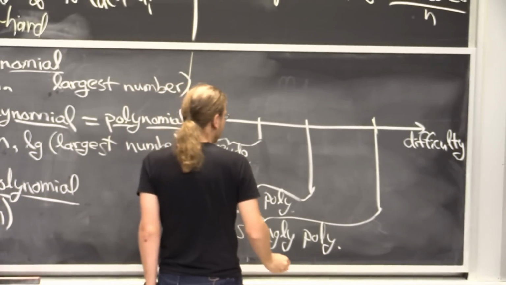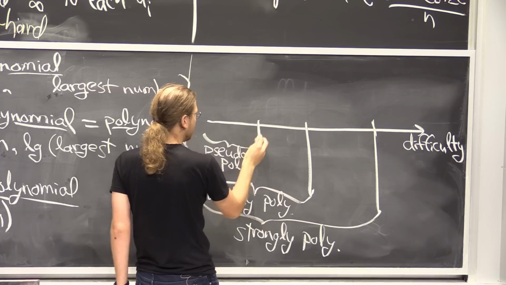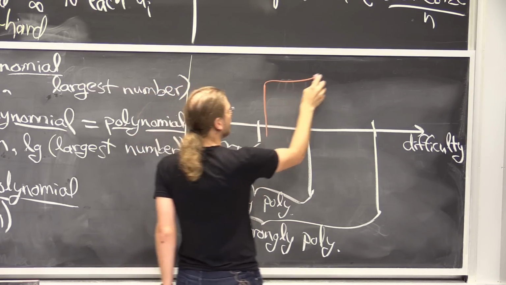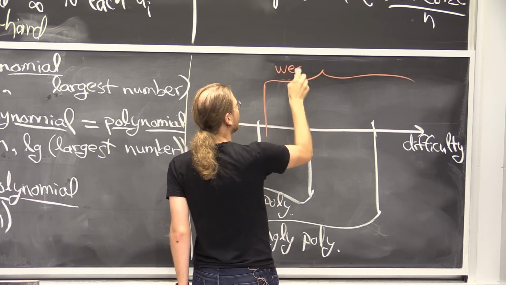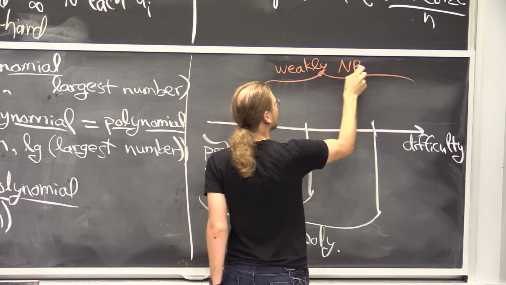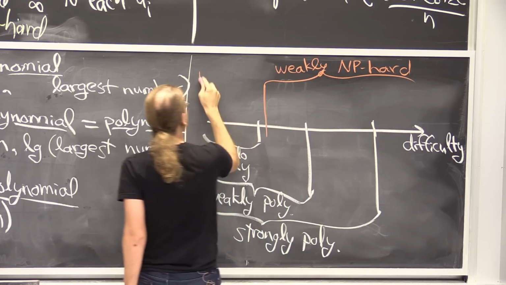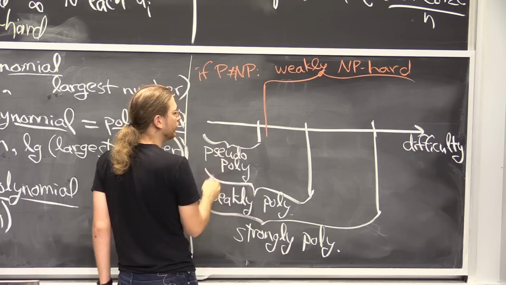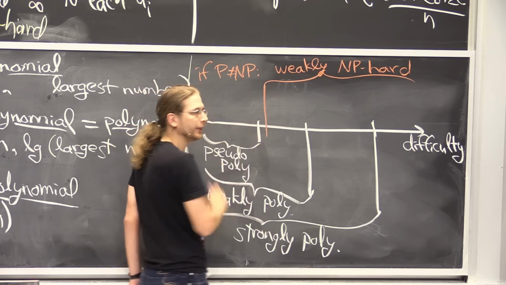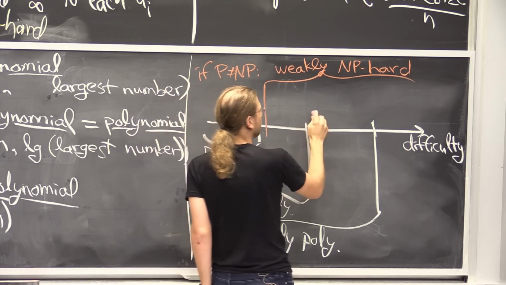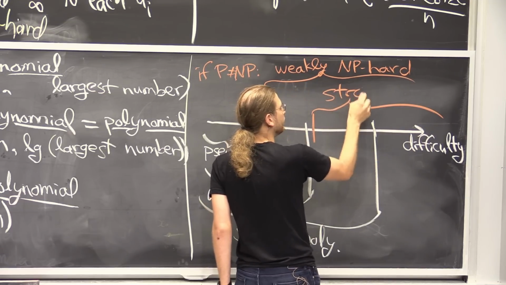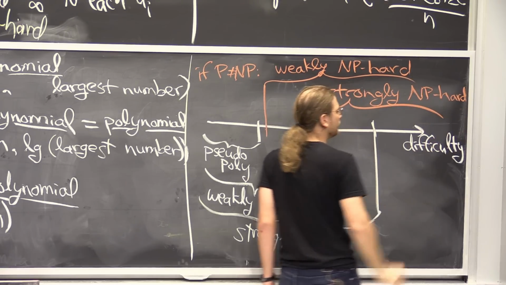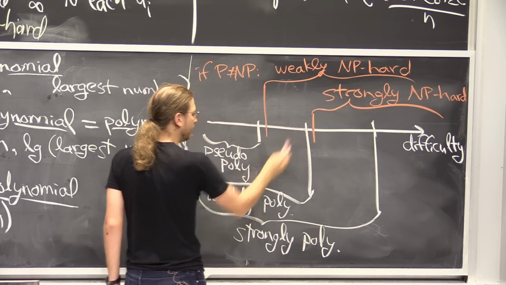And then on the hardness side, let me use red, it's more dramatic. This thing is weakly NP-hard. This is if P does not equal NP, then you're strictly to the right of pseudo-poly. So there's no pseudo-poly algorithm. And then strongly NP-hard excludes even a weakly polynomial algorithm. So it's strictly to the right of that position.